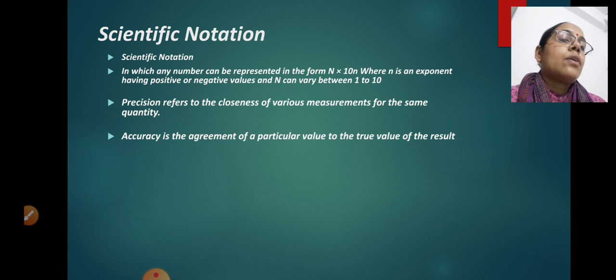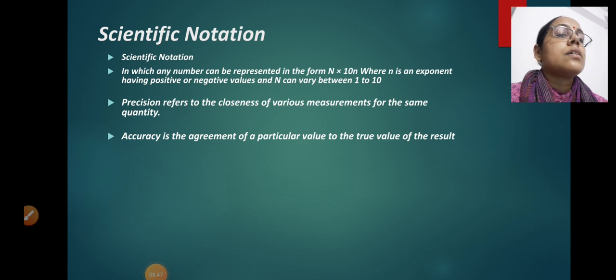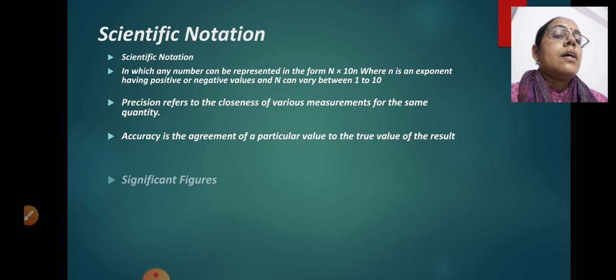And accuracy is the agreement of a particular value to the true value of the result.